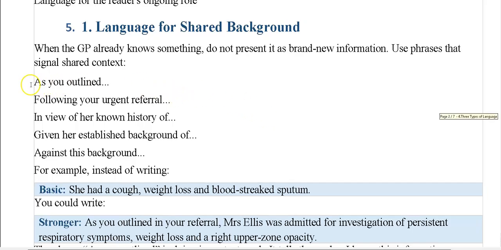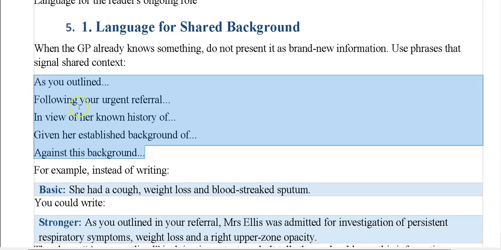Some phrases, as you outlined, right? So this is going to signal the shared knowledge and context, yeah? So instead of it sounding like you're telling the GP what he or she knows: as you outlined, Mrs Ellis, blah, blah; following your urgent referral, Mrs Ellis, blah, blah; in view of the known history of COPD; given her established background of COPD; against this background.